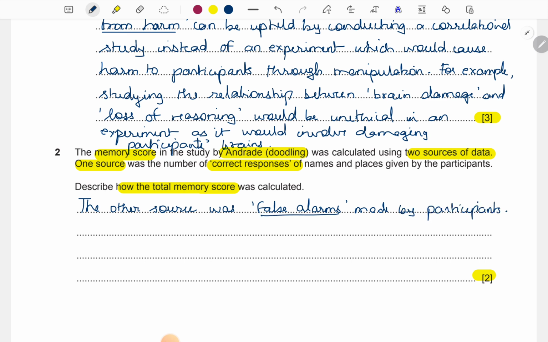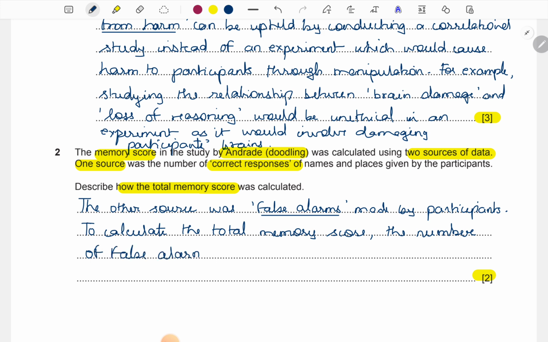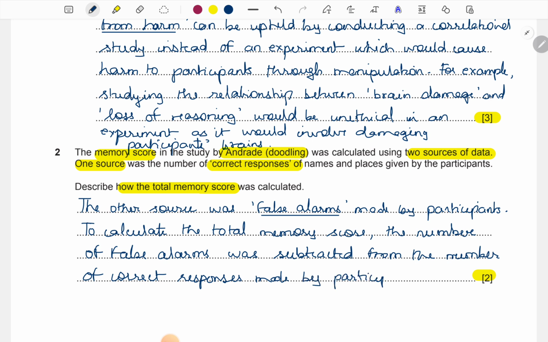To calculate the total memory score, the number of false alarms was subtracted from the number of correct responses made by participants. Okay, so use a term like subtracted or deducted, which makes it easy to understand.